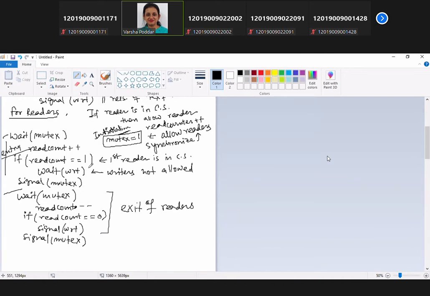They will not be entered. So wait write, so write is prohibited. After that, when I'm releasing my reader, the writers can enter. So when my read count is minus minus, and it reaches 0, this means the last reader has left. So after that, I can allow my write. Fine, so signal write.